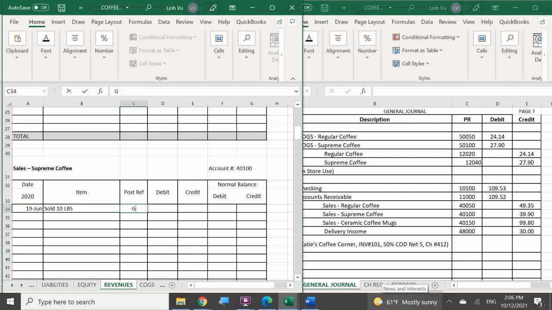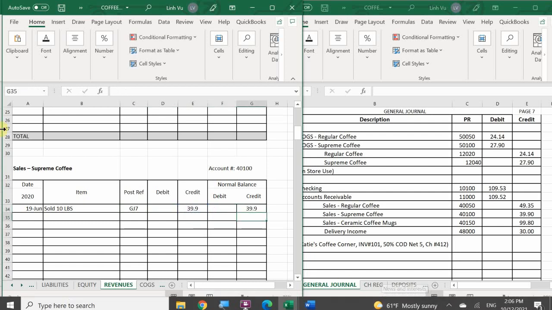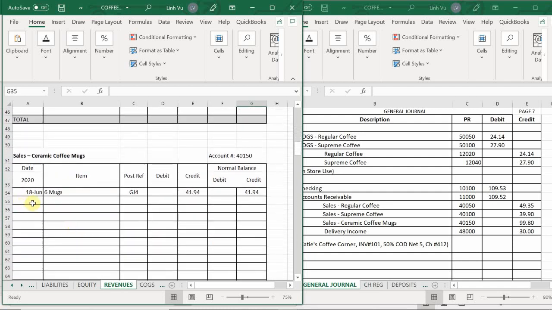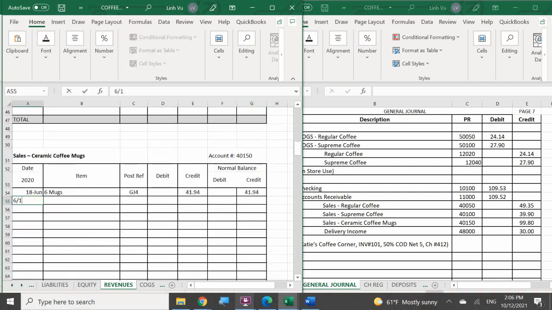For 39.90. Okay. How many ceramic coffee mugs did we sell? 20, for 99.80.